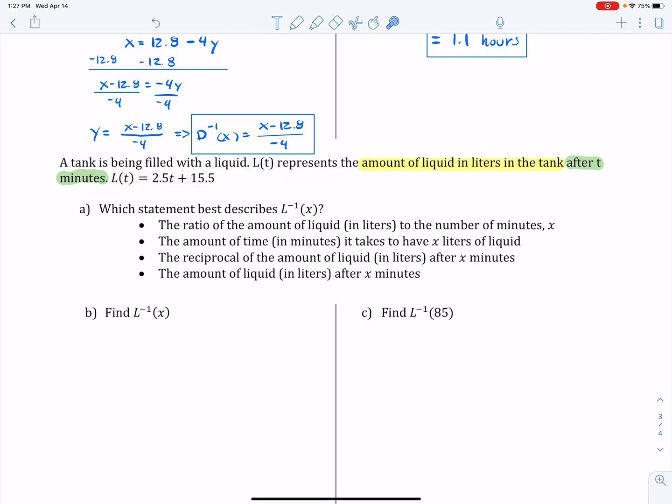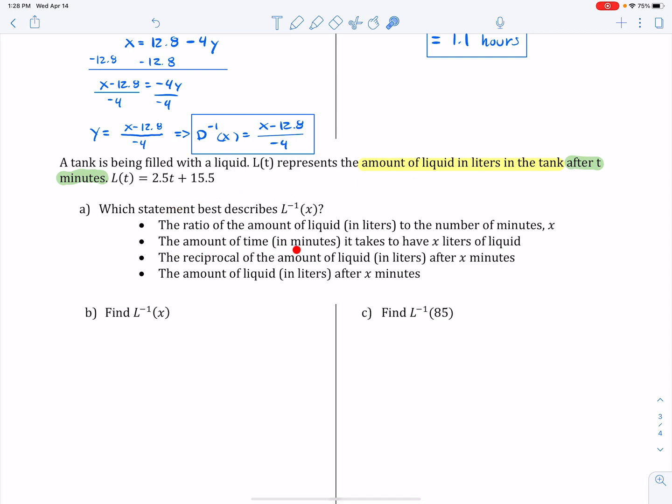So really we want to have probably the green one. The ratio of the amount of liquid in liters to the number of minutes x? No, there's nothing really in there that's going to relate to that.